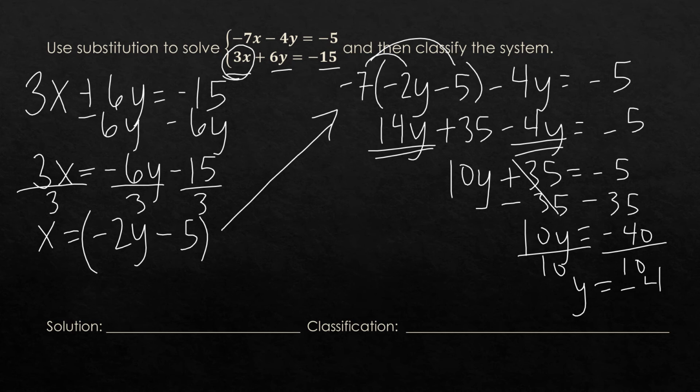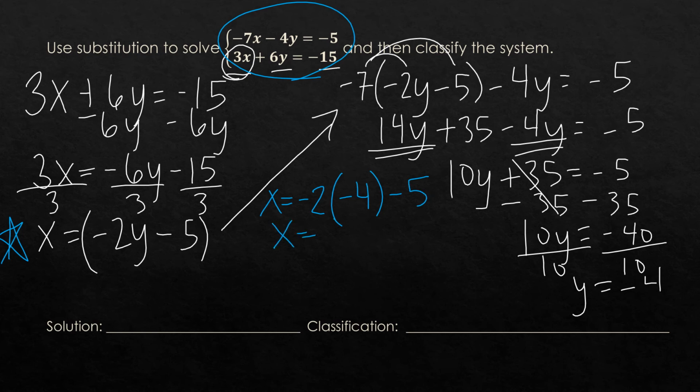Okay, once I have the y coordinate, I can plug it back into either one of these equations at the beginning to solve for x, or again, this one's going to probably be easiest because it already has x by itself. So x equals negative 2 times y, which I now know is negative 4, minus 5.